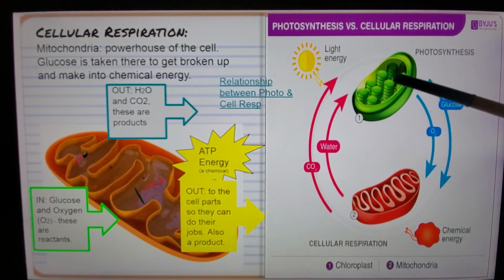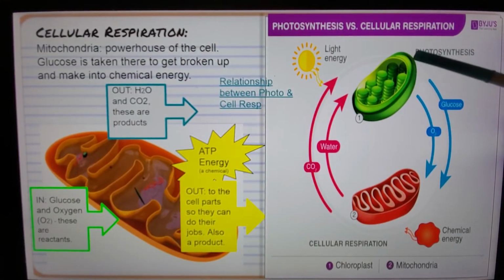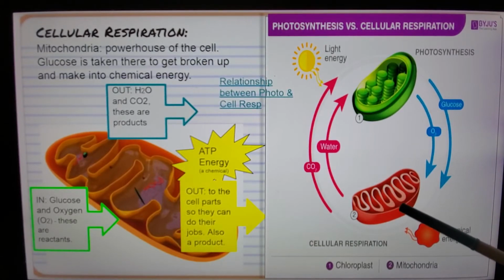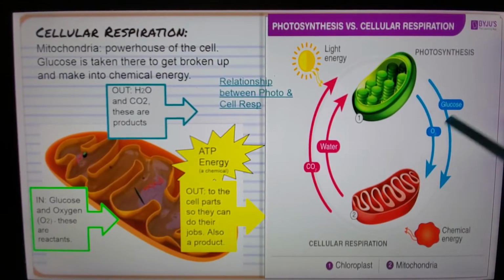The magic happens, that's called photosynthesis, and we create glucose and oxygen. Well, guess what? That's just what the mitochondria needs. So the glucose goes into the mitochondria, and with the help of the oxygen, the mitochondria breaks this glucose molecule apart. And when it pulls apart, it releases this new kind of chemical energy called ATP.